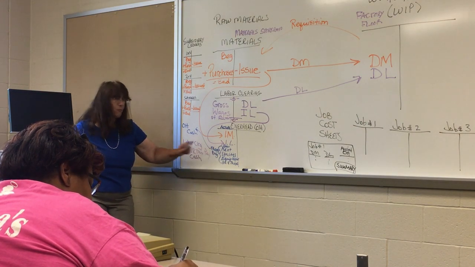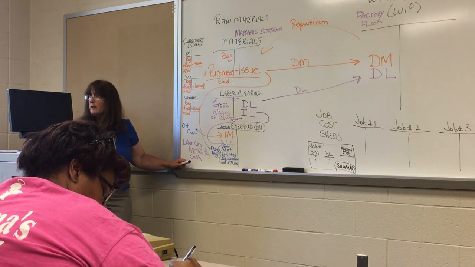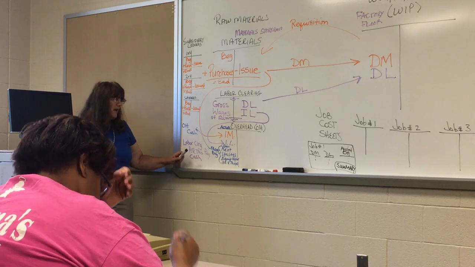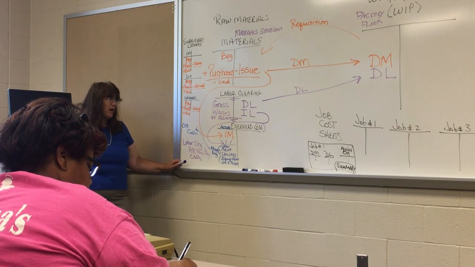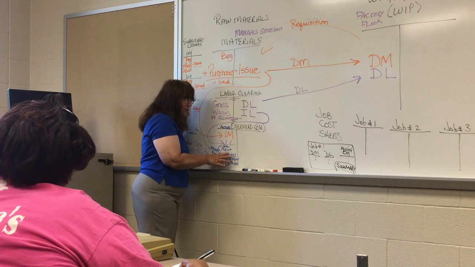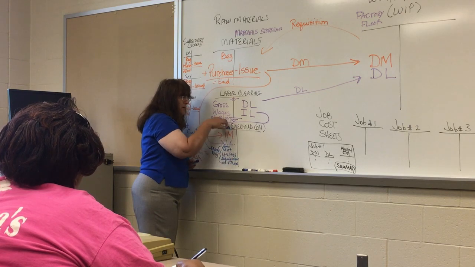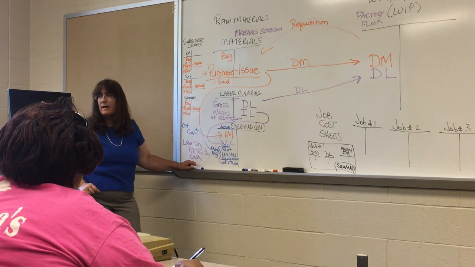Now, if I have rent for the office building, I will debit rent expense, just like we did in Accounting 101. But for the factory building, I'm going to be debiting overhead for all of that stuff. Okay? So now, all these actual overhead, factory building related things are on the debit side of my overhead account.